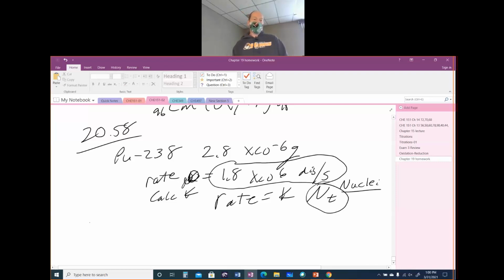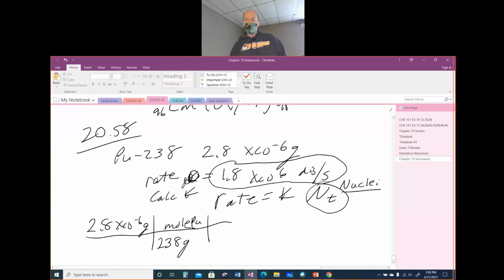So we have 2.8 times 10 to the minus 6 grams of plutonium-238. The molar mass of that is 238 grams per mole, so that's moles of plutonium.